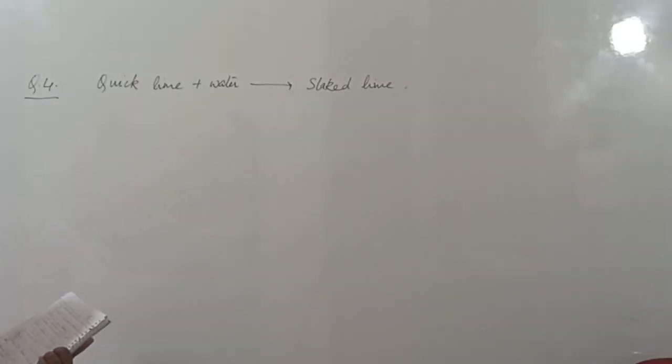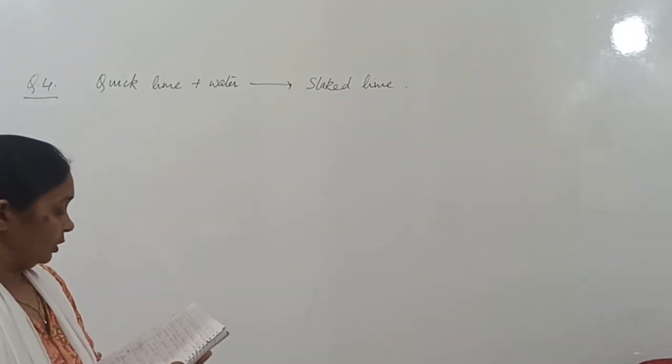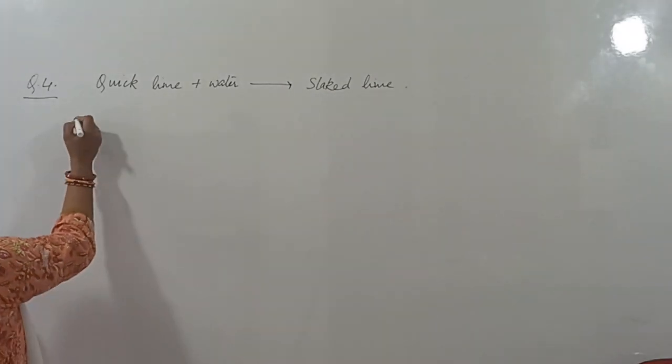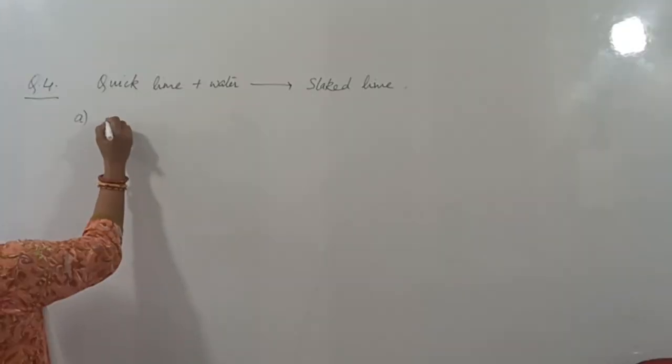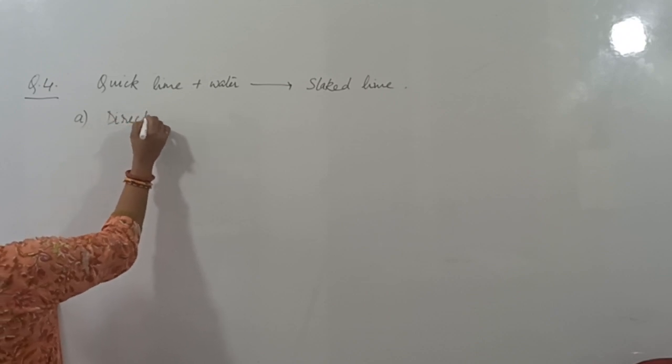So in this word equation, the first question asked to you is, what type of reaction is this? The answer for the first question: this is a direct combination reaction.